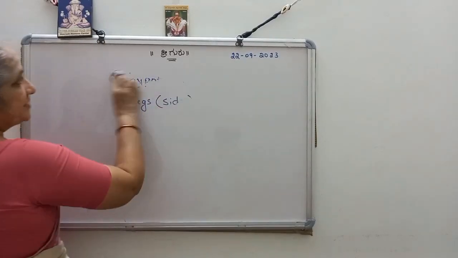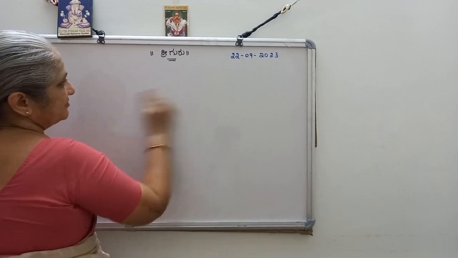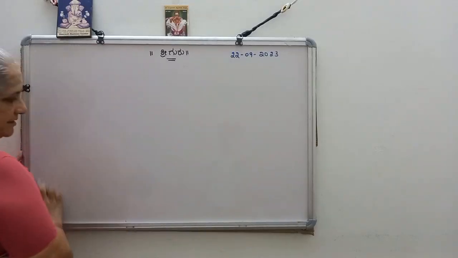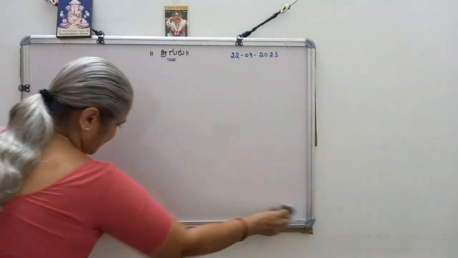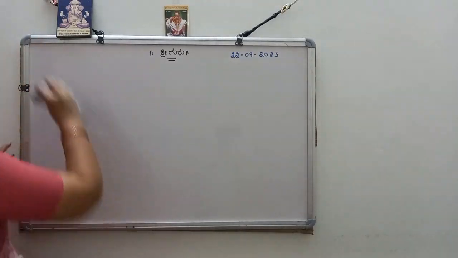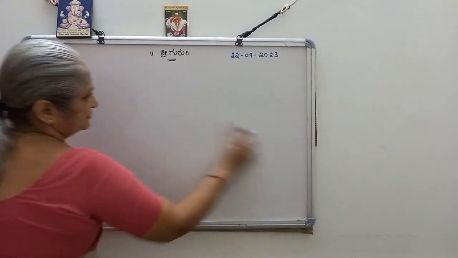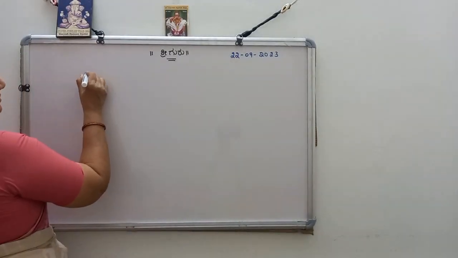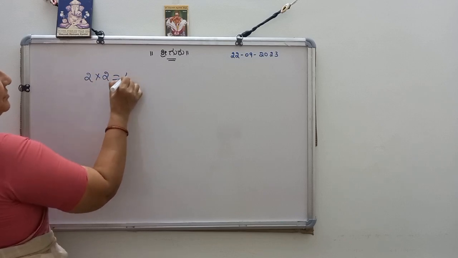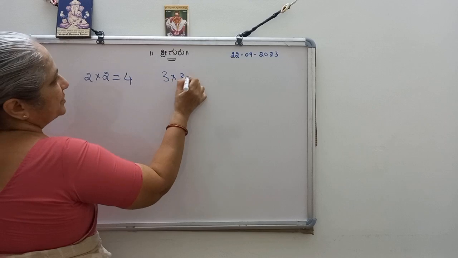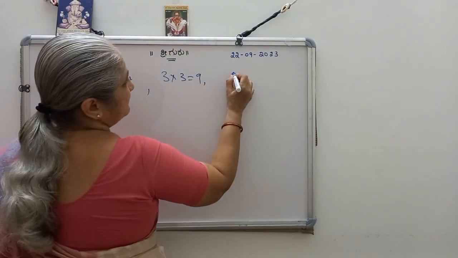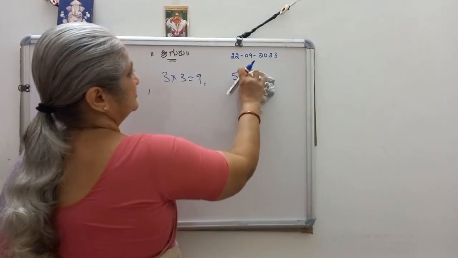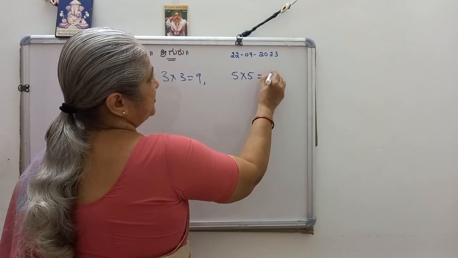And what if the number is given and you have to find two same factors of that number, so that if you multiply them, you will get that number? See, now you know that 2 into 2 is equal to 4. 3 into 3 is equal to 9. 5 into 5 is equal to 25.